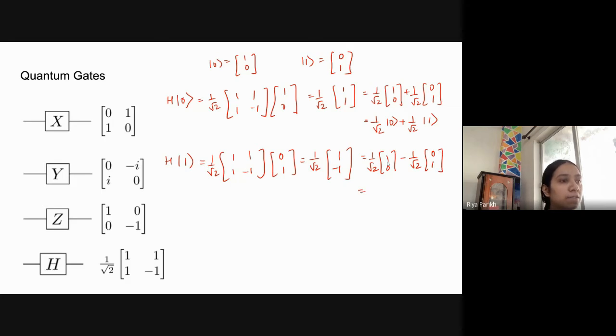You can see that we have an equal superposition of state 0 and 1, but the relative phase or the polarity of state 0 and 1 is different, because here there is an equal superposition with the negative polarity compared to each other, and before they were in positive superposition.